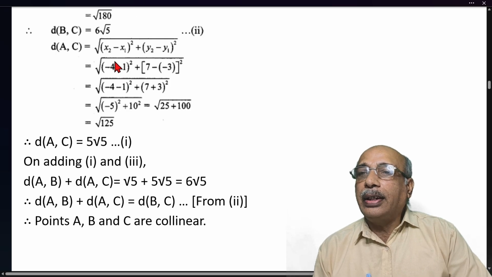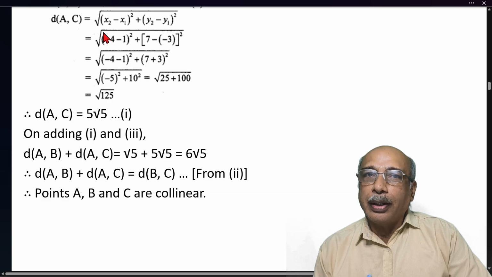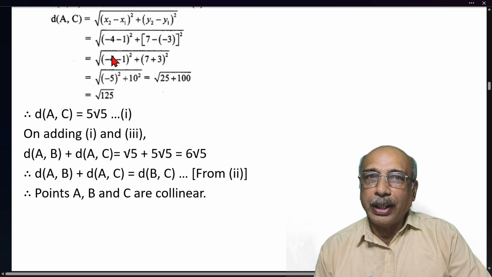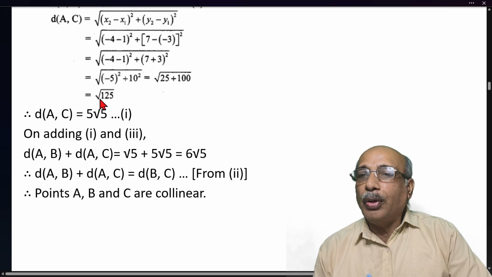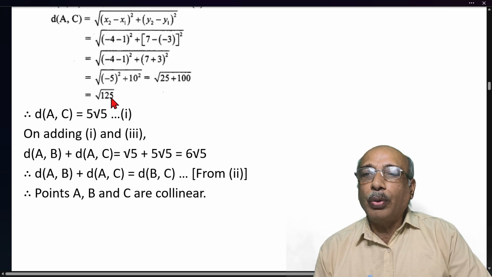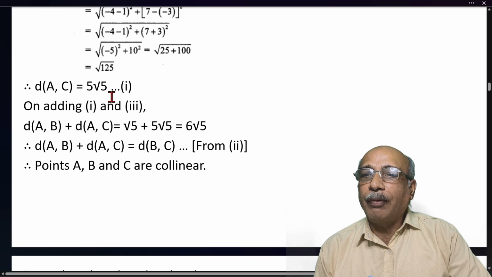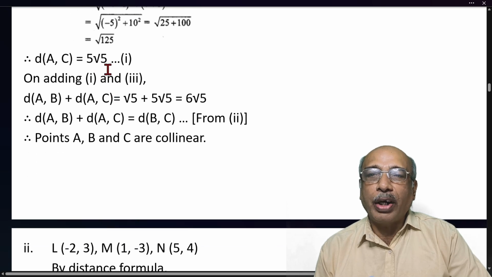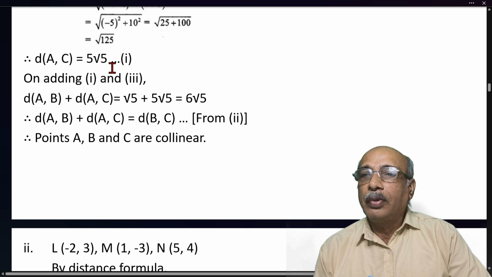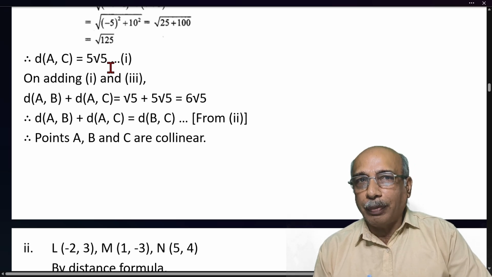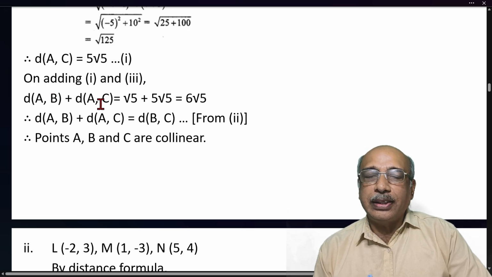To calculate distance AC, by the distance formula, substitute the coordinates of points A and C, and you will get the simplification root of 125. Therefore, distance AC equals 5 root 5. Now you have to add the two smaller segments, distance AB plus AC.